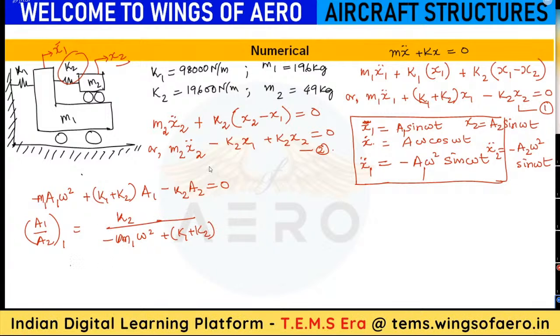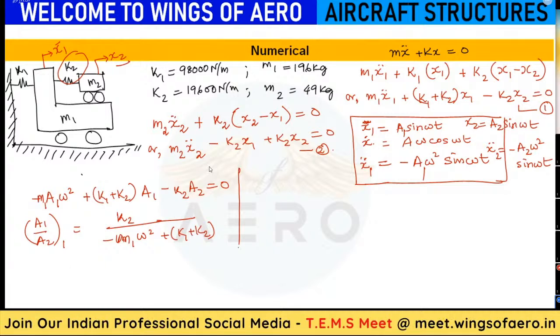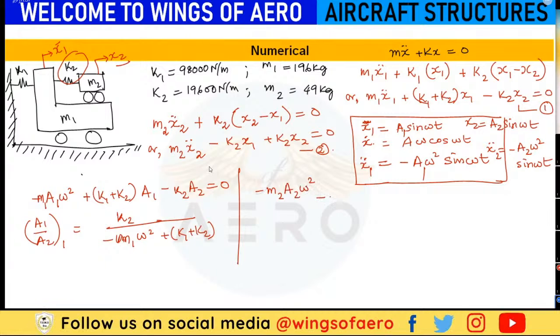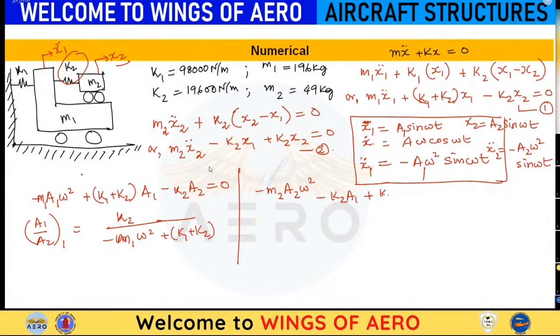Now similarly, when you want to find for the second mass, you will get minus m2 a2 omega square minus k2 a1 plus k2 a2 equal to 0.